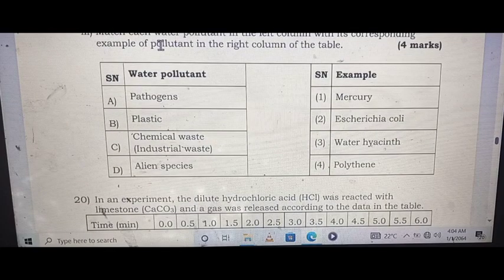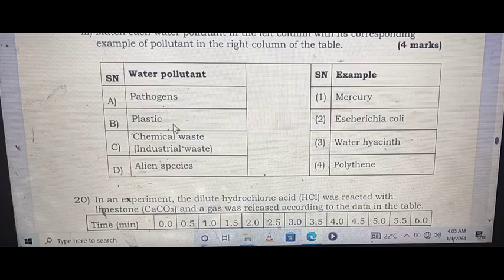I3. Match each water pollutant in the left column with the corresponding example of pollutant in the right column of the table. A. Pathogen. Match to Escherichia coli.